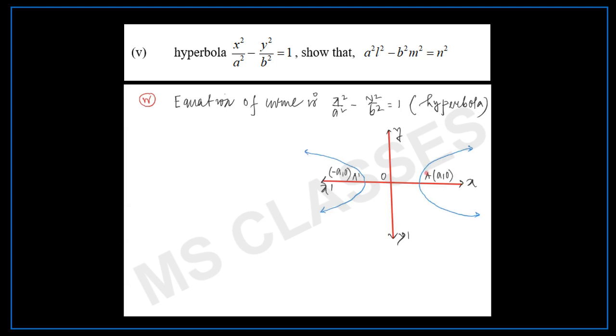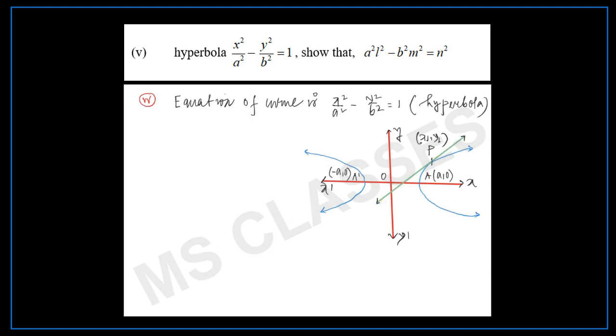Now here the line Lx plus my plus n equal to 0 touches the hyperbola. We consider that the line is touching the hyperbola at this point. When this line is touching the hyperbola at this point, that means at this point it acts like a tangent. So if it acts like a tangent, then the tangent equation and this equation should be identical.